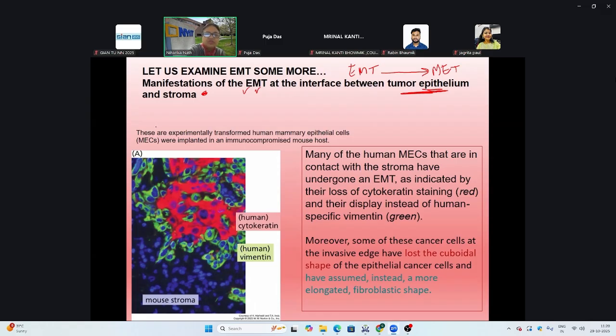This experiment was performed in mouse, and in that mouse, breast cancer epithelial cells were implanted into an immunocompromised mouse host. Then you just give it time, you grow it, you give it some days in this mouse.